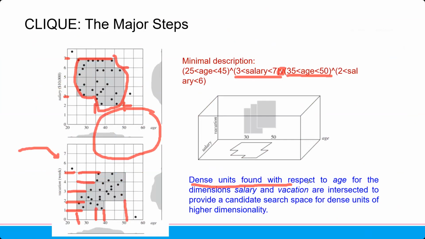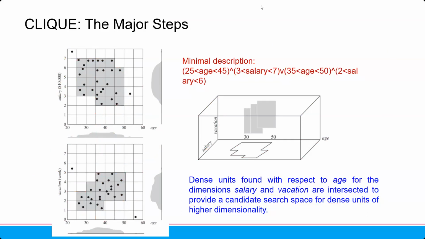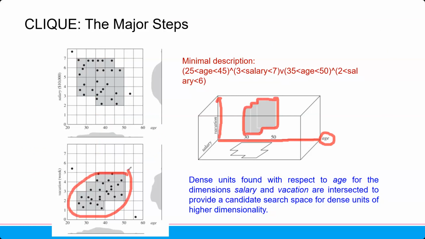So dense units are found with respect to age for the dimensions salary and vacation. Salary and vacation are intersected to provide a candidate subspace for the dense unit of higher dimensionality. So we have the age here. The age is the basis. And based on the vacation, we have this cluster. So this is the cluster on the vacation.